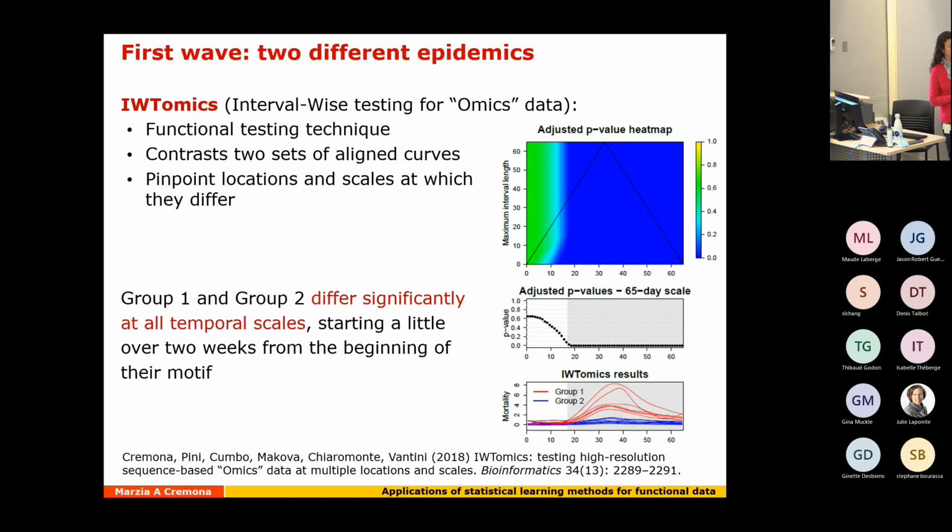But the interesting thing about this methodology is that it is able to tell you not only that yes, there is a difference, but also that there is a difference in this part of the curve. So what we see here at the bottom of this figure is that the gray area is where the difference between the two groups is significant. In the first part of the curves, the difference is not significant, but then we actually have two different groups of curves.